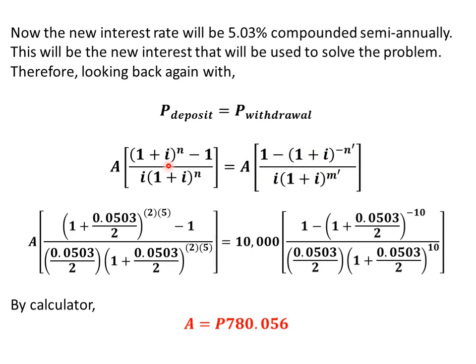Then, atong ibutang tanang given. Substitute all given. Okay, this time again, the rate we're using is the converted one. Okay, then, the only unknown will be A for the deposit. By using the calculator, we can achieve an answer of A is equal to 780.056 pesos. So, this is how to solve this example.